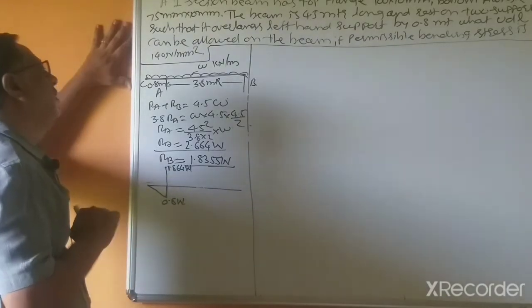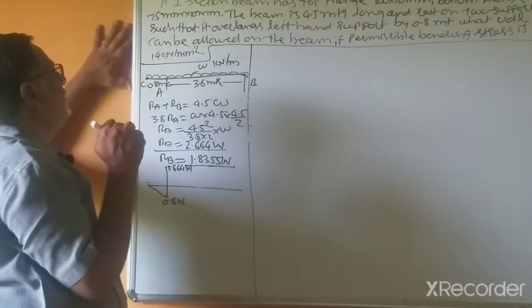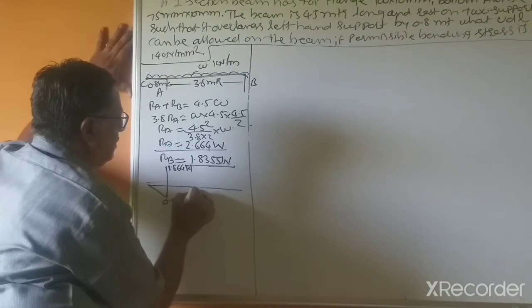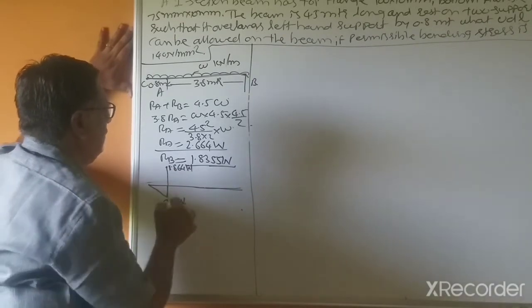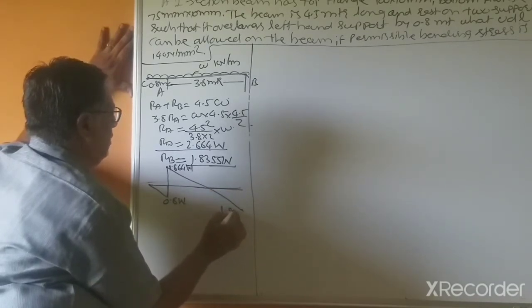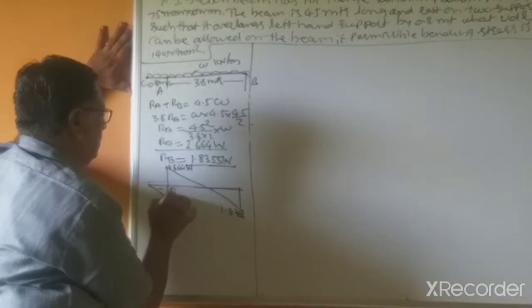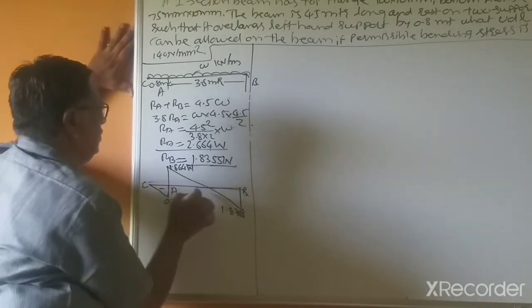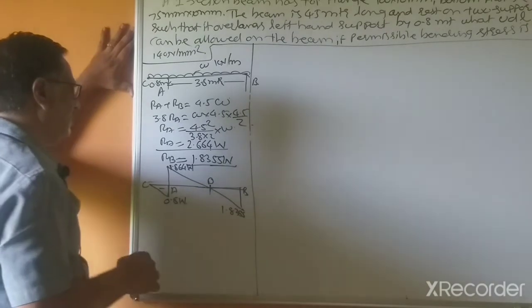Then W into 3.8 negative, so this is 1.8355 W. So this is your shear force diagram, and here you will get the maximum bending moment.